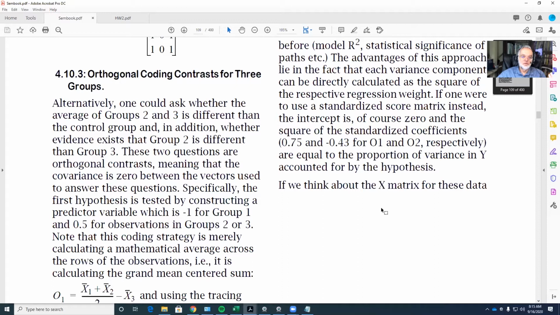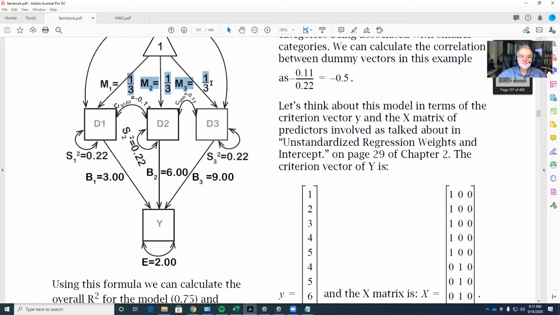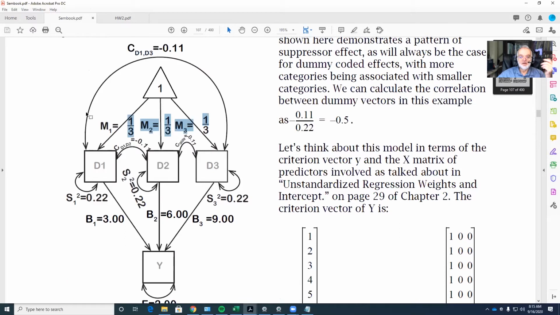So you're not seeing anywhere in the analysis these three numbers. That's part of what you would find in the path diagram if you use software like Onyx to solve it. It'll come.